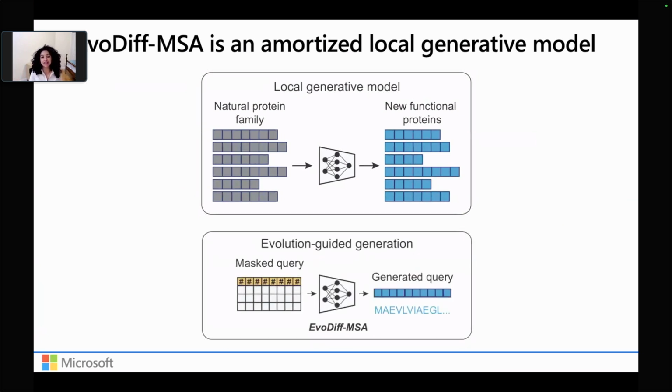EvoDiff MSA gives us the ability to use the conditioning afforded by this diffusion framework to now perform evolution-guided generation in an amortized fashion.